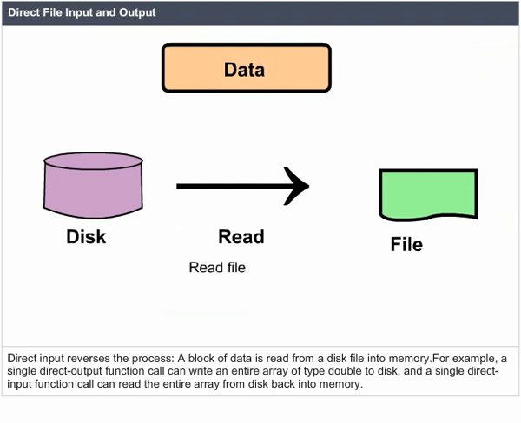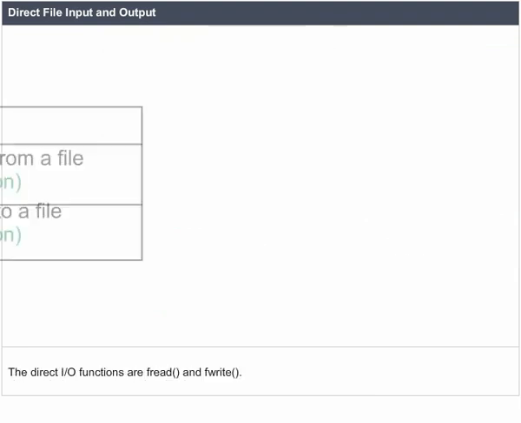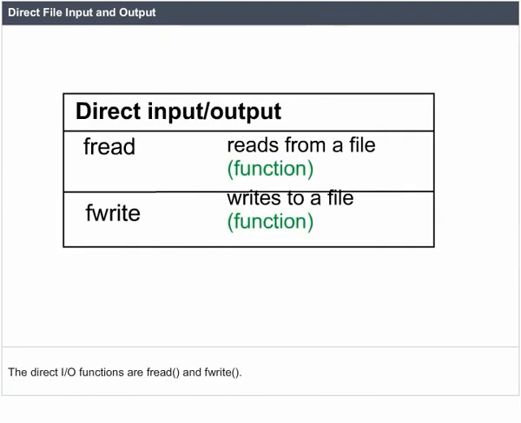For example, a single direct output function call can write an entire array of type double to disk, and a single direct input function call can read the entire array from disk back into memory. The direct input-output functions are called fread and fwrite. The fwrite function.